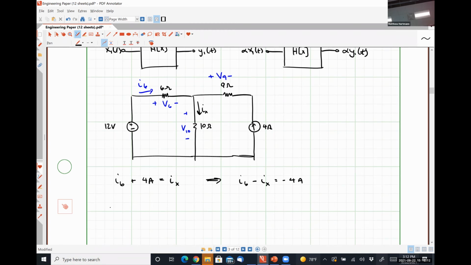Kirchhoff's voltage law says negative 12 volts plus 6i6 plus 10ix is equal to 0, where I just went ahead and did the Ohm's law substitutions directly into this guy. And so this says that 6i6 plus 10ix is equal to positive 12 volts. We solve for I6 and solve for Ix.